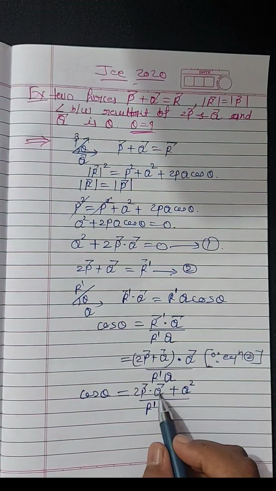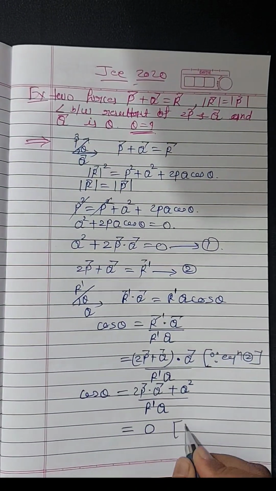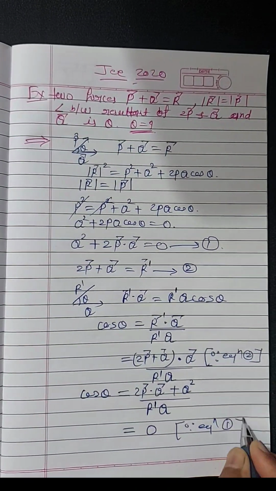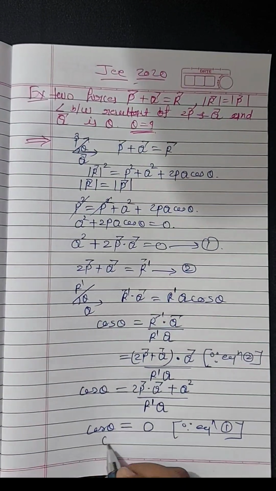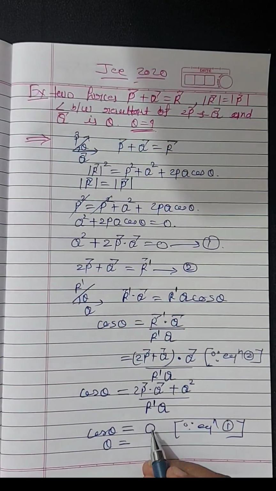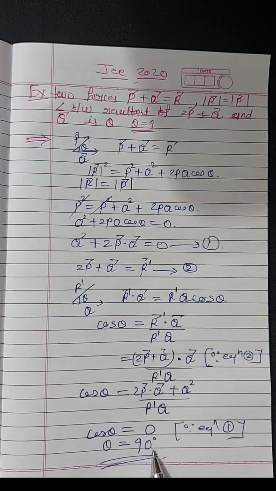By putting the value from equation 1, this is 0. Using equation 1, cos theta is equal to 0. So theta is equal to 90 degrees. So our answer is theta is equal to 90 degrees.